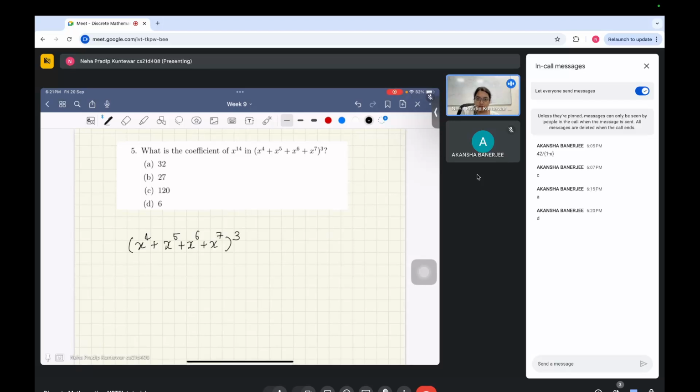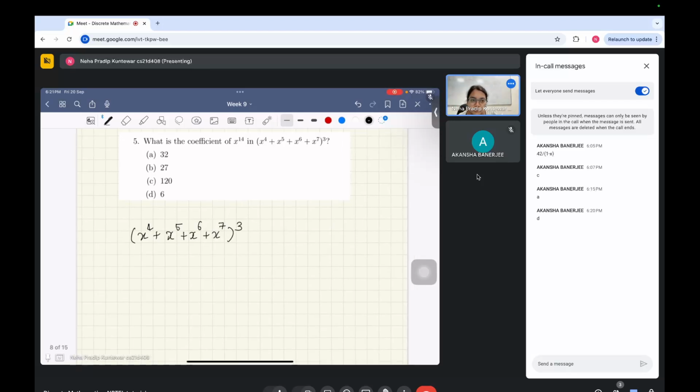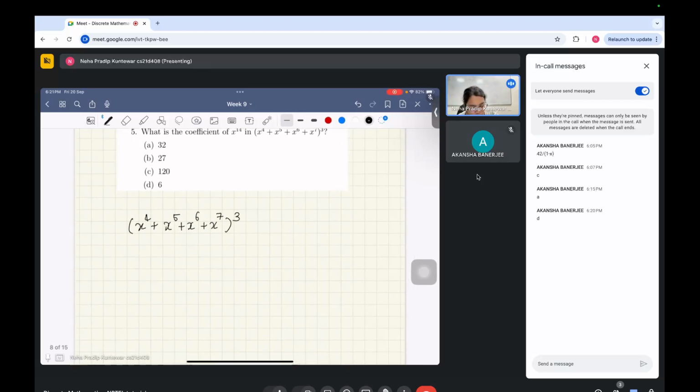Okay, so let's try to solve this. As a first step, you can see that x to the 4 is common to all the terms, so you can pull this out. So this is the same as x to the 4 times 1 plus x square plus x cube whole cube, and this is the same as x to the 12 times 1 plus x square plus x cube.